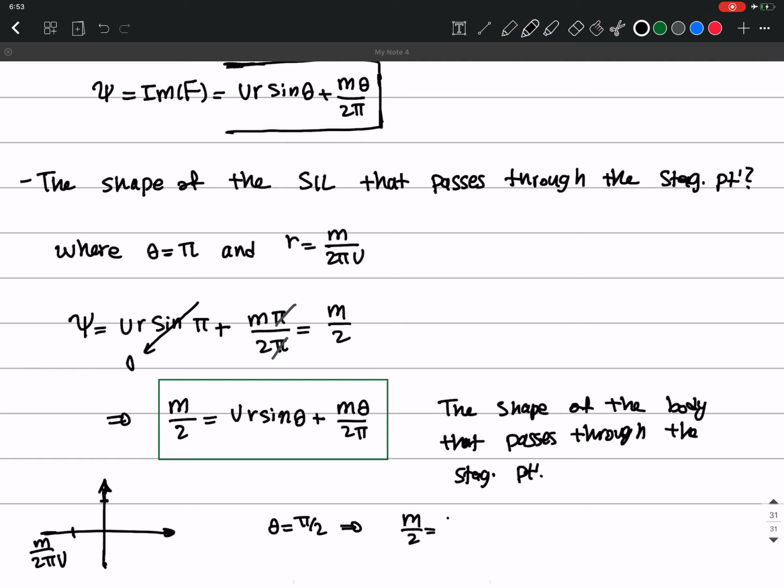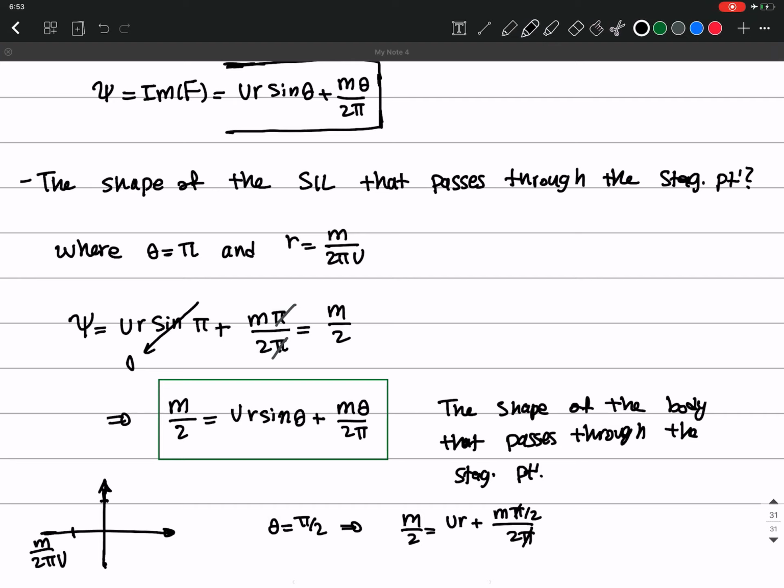So these two cancel out, and you are going to have r equals m over 4u, if I'm not wrong, because the pi's cancel out. You can find it like this.